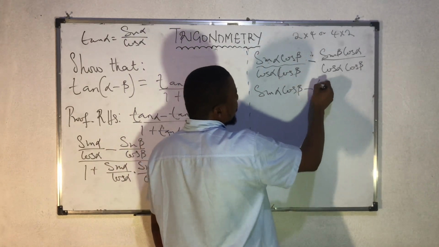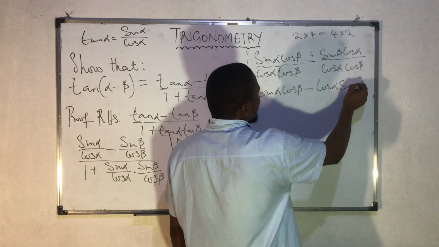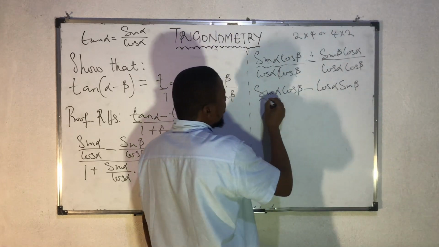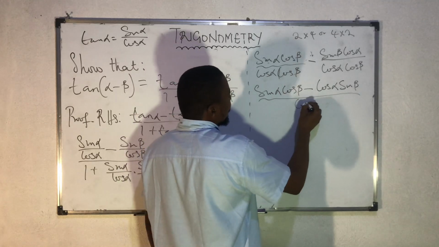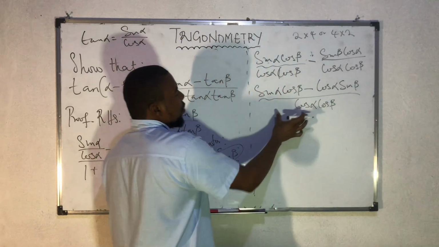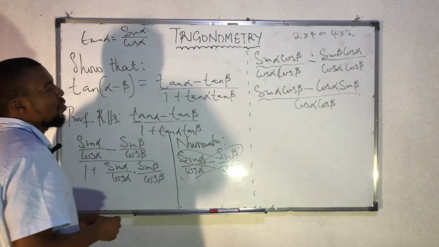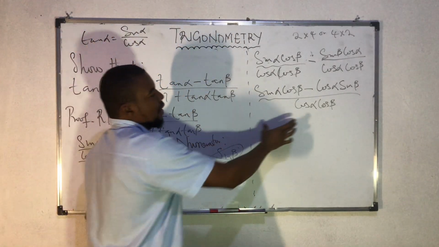This is now going to be minus cos alpha sine beta over the denominator, which is cos alpha cos beta. We're now done with transforming this numerator into a single fraction.